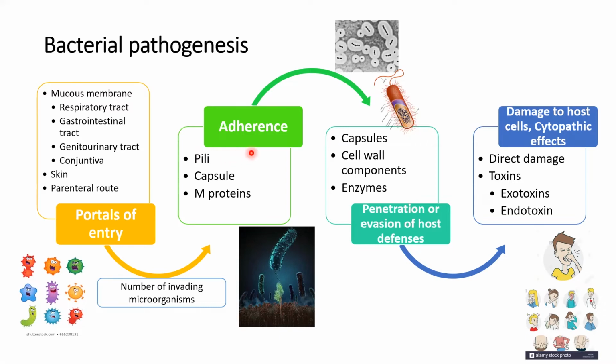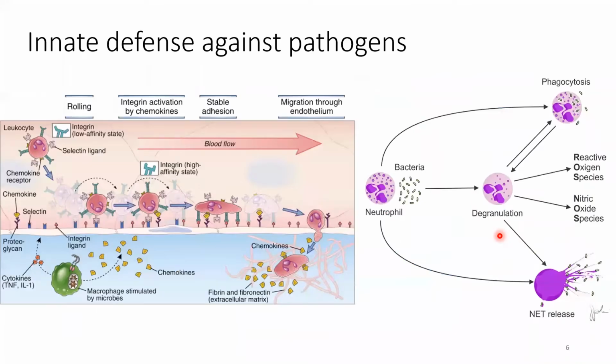After adhesion, they multiply to increase the number, because a high number of bacteria can resist our host immune response better, and they may produce more virulence factors to attack our immune response and invade deeper tissue and evade the immune response, so that finally they can cause cell damage and severity of the disease.